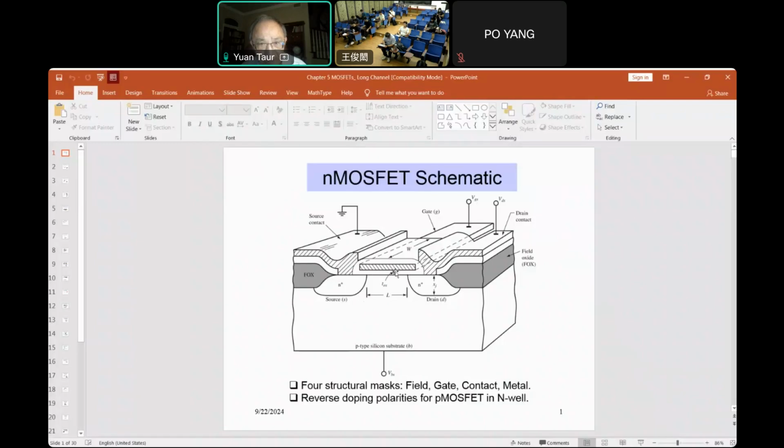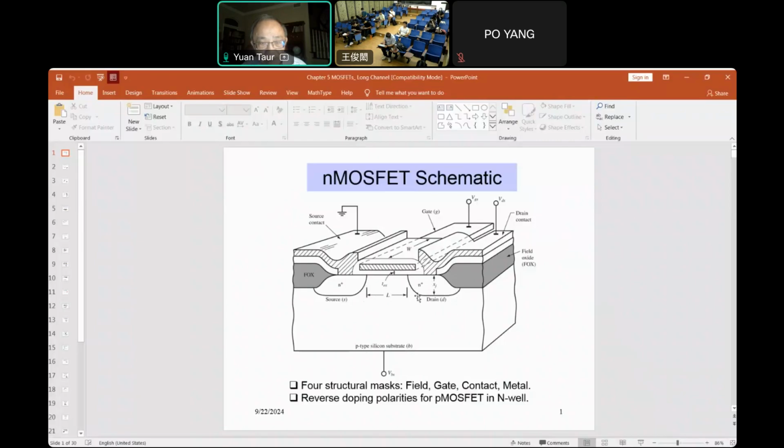And that's how this works. The rest, you can see the field oxide, that's isolation between devices, and then you have a contact hole and the metal.